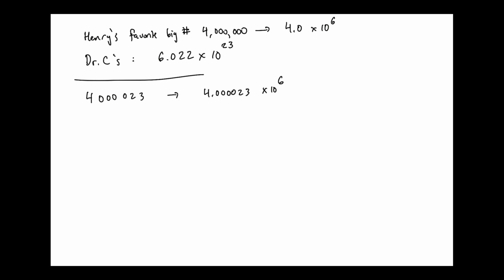So, okay, I could write that, and you could argue that in this instance, that's a silly way to write that number because it takes way more work to write 4.00023 times 10 to the sixth than it does to just write down 4,000,023. So yeah, that actually is a good point: if you mix really big with really small, and in a sense, 23 compared to 4 million is small, it could also be something like Avogadro's number with a one at the very end of it.